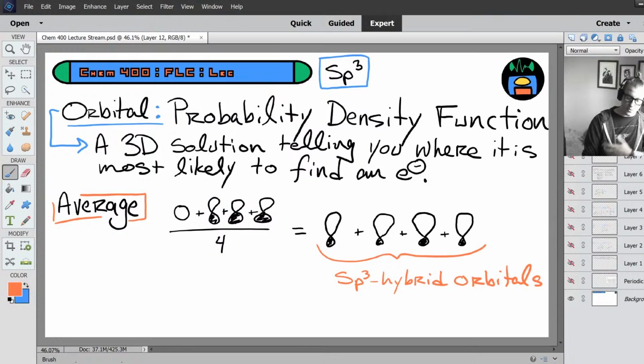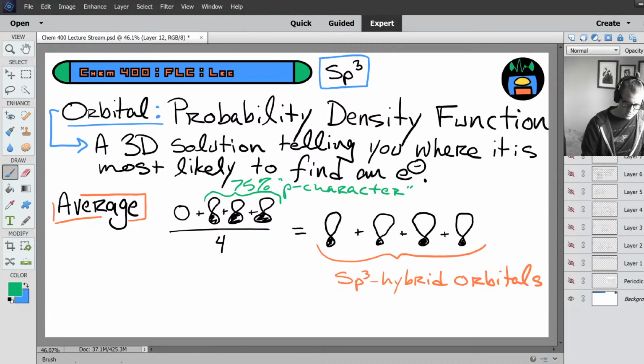Because the recipe, so to speak, to make these orbitals was 3/4 p and 1/4 s, we say that they have 75% what's called p character.